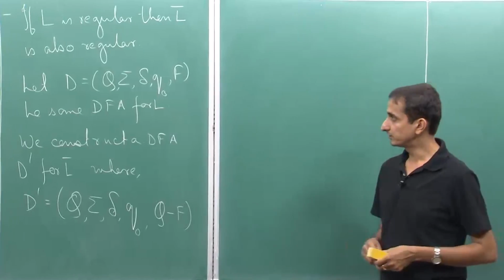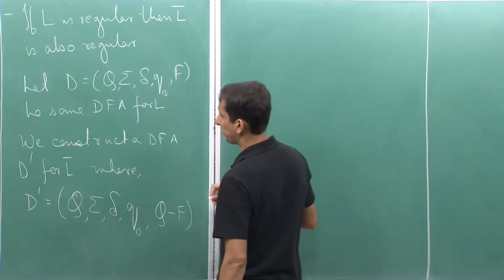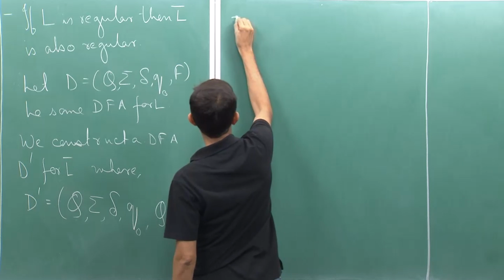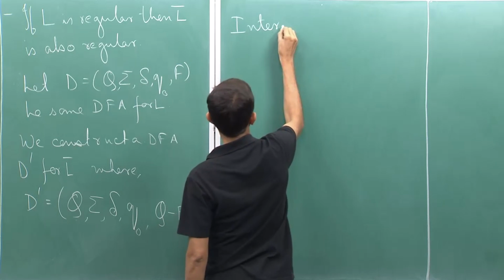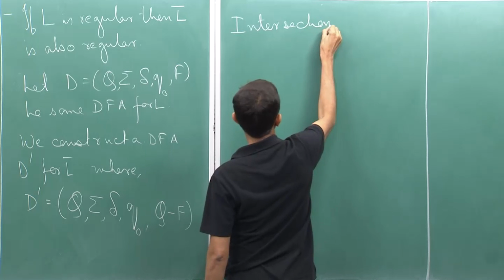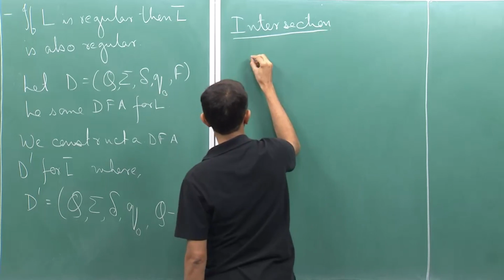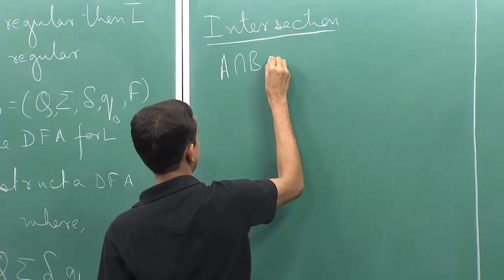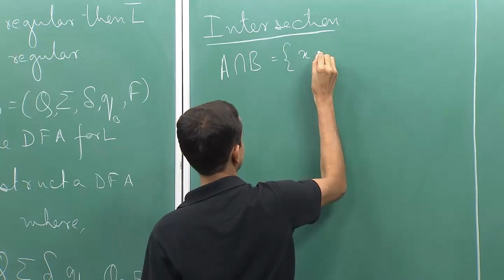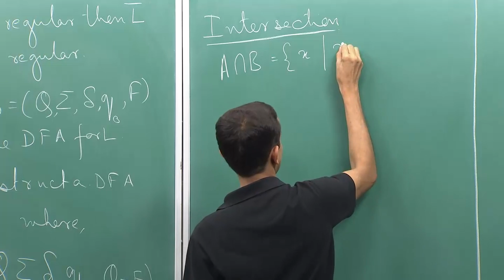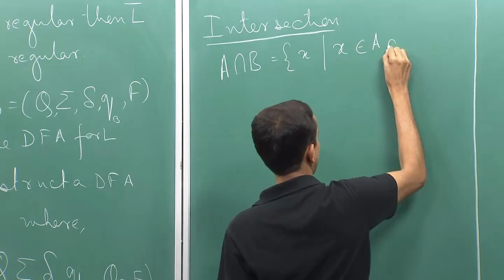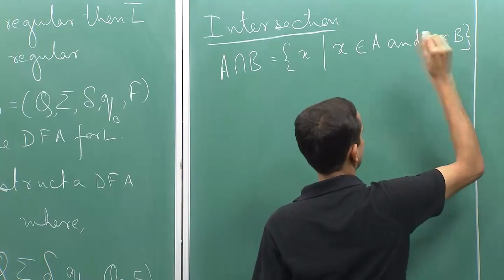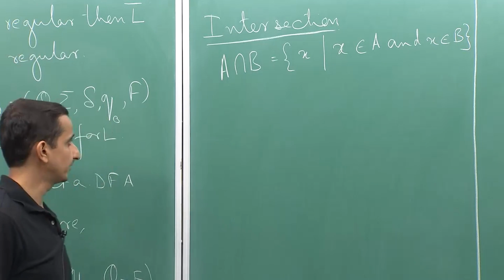So, now let us look at the next property, that of intersection. Okay, so formally, A intersection B is the set of all strings x such that x is in A and x is in B. Okay.